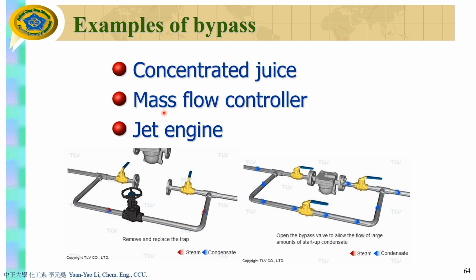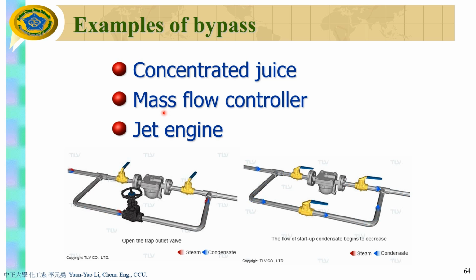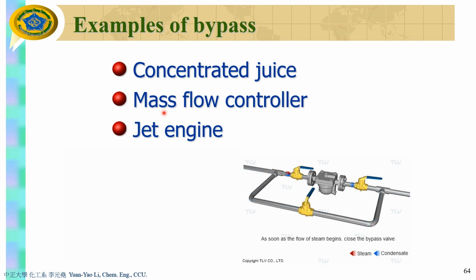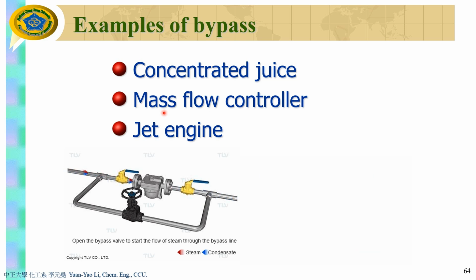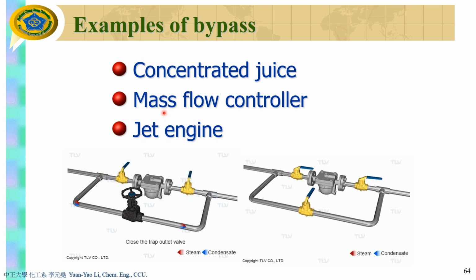By changing the volumetric flow rate to mass flow rate by density, right? But there's a device which can measure the mass flow rate directly instead of using volumetric flow rate first.